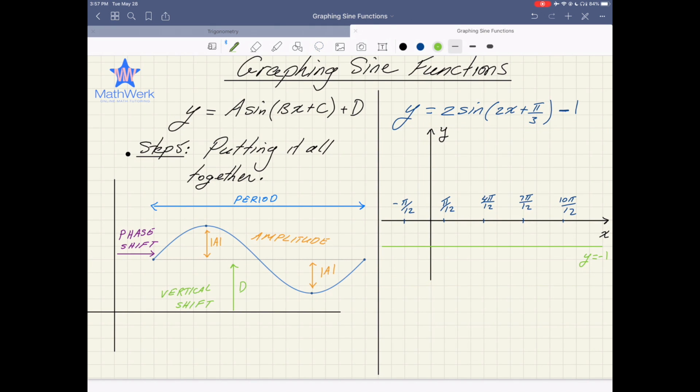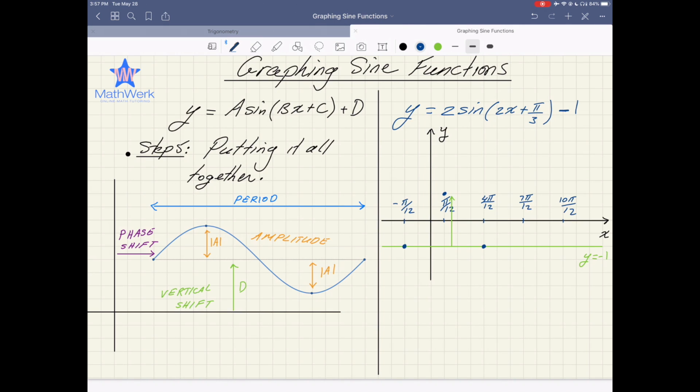The 5 points start at, since we have this positive shape, start at the equilibrium. So that's the first point. And then they go to the highest point, which is 2 units above, which is right here. That's 2 units above the equilibrium. Okay. And then we go back to the equilibrium.